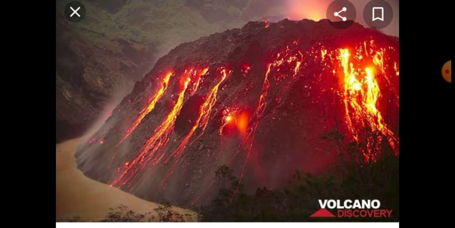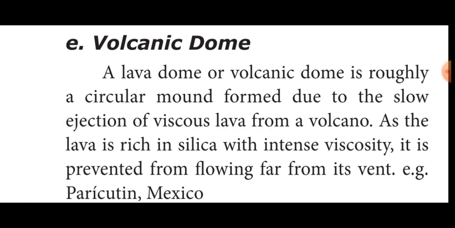A lava dome or volcanic dome is roughly a circular mound formed due to slow ejection of viscous lava from a volcano. For example, Paricutin in Mexico is an example of a volcanic dome.